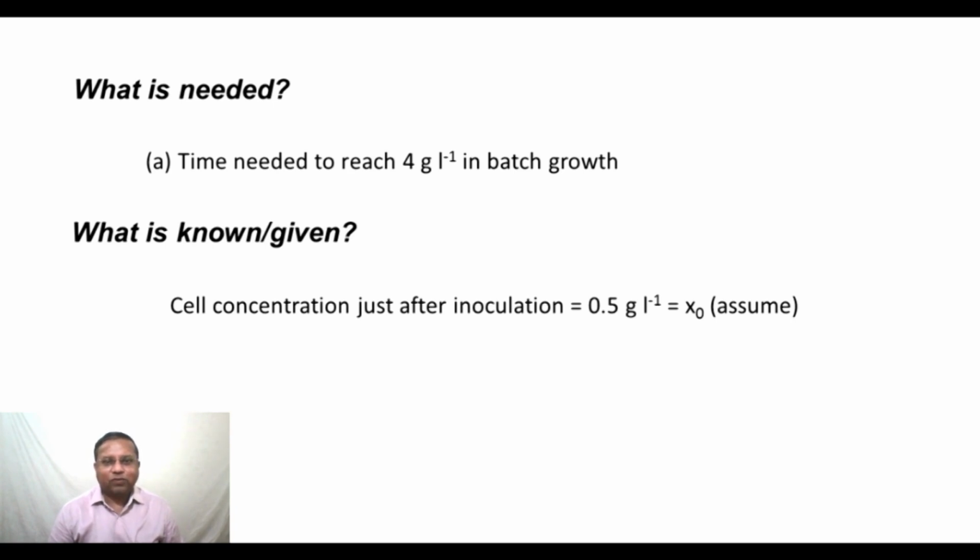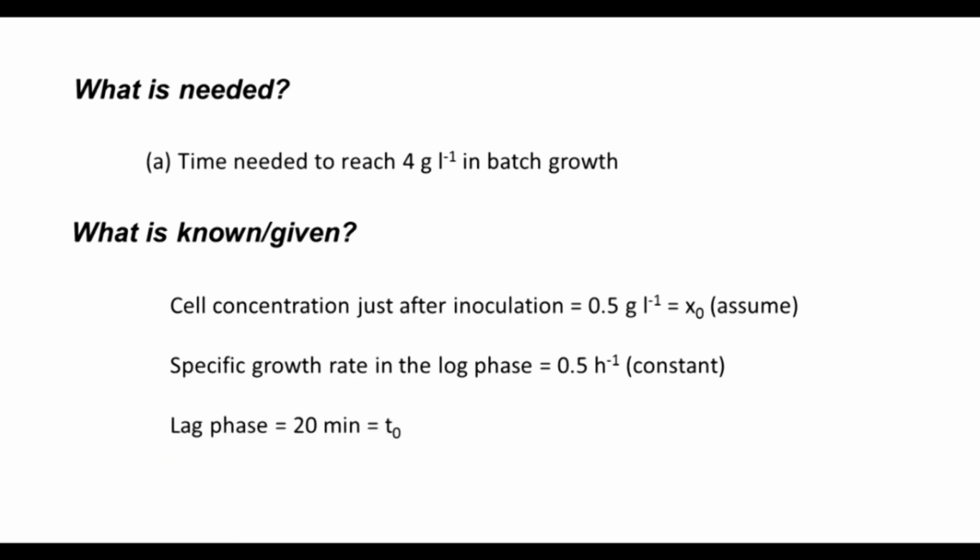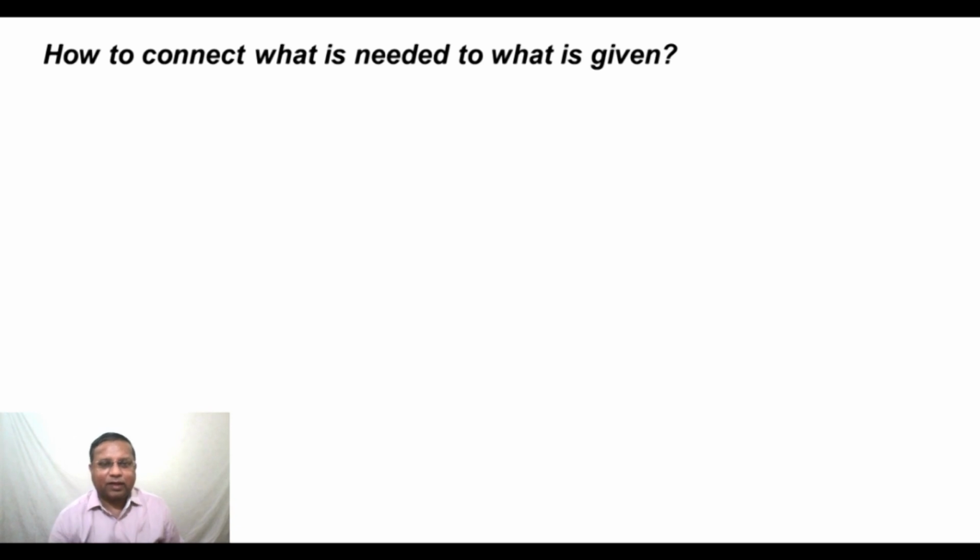Therefore, x naught, which is the cell concentration at the beginning of the log phase, is also taken to be 0.5 gram per liter. The specific growth rate in the log phase is given as 0.5 hour inverse, which we are taking as a constant. The lag phase is 20 minutes, which is T0, and those are the things that are known.